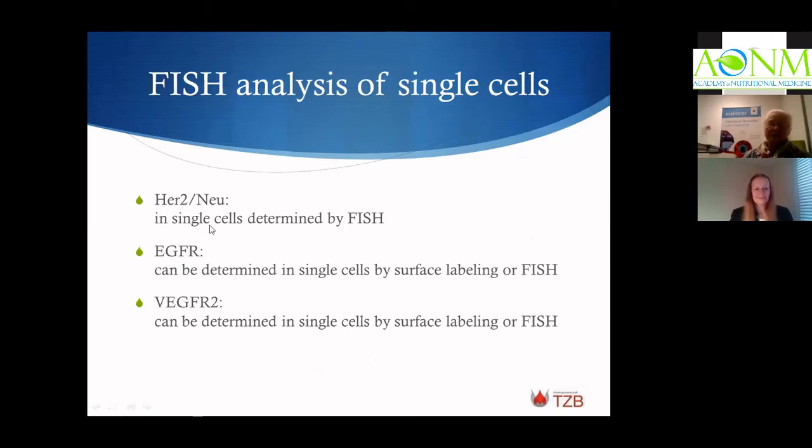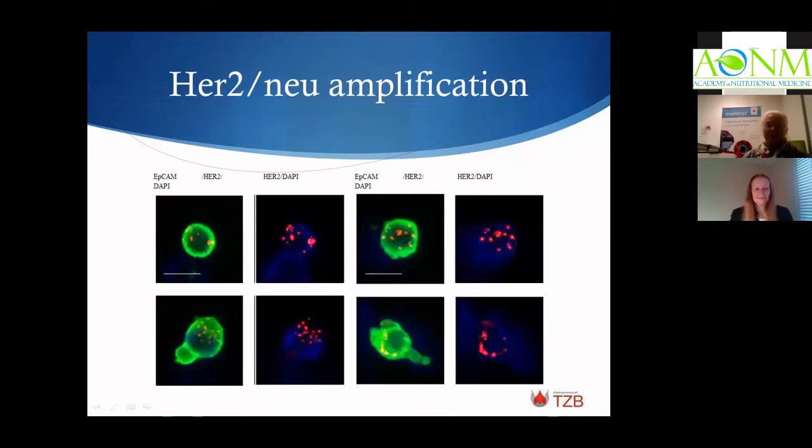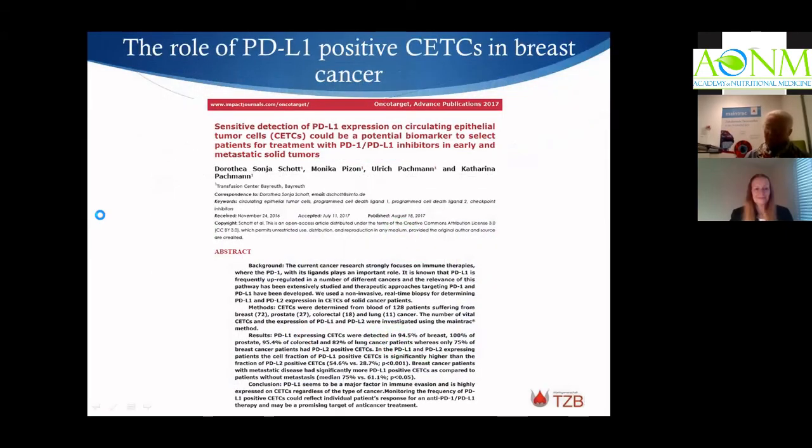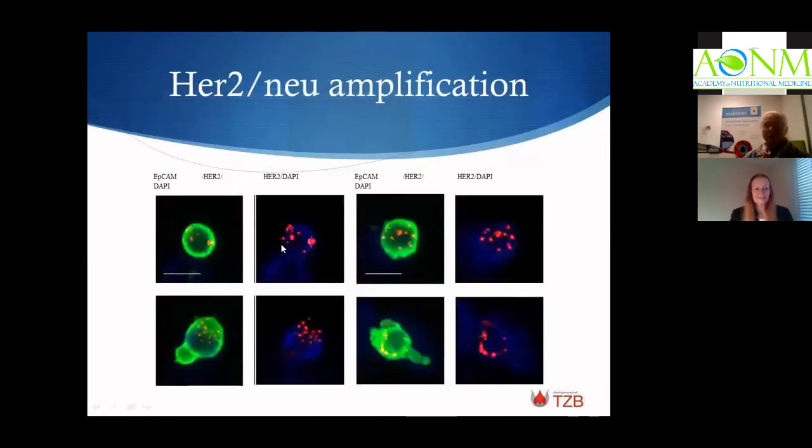The presence of these receptors is frequently determined by FISH analysis, and I'll show examples of this immediately. So this is an EpCAM positive cell, and it should have only 2 signals of HER2 because it has the signal from the father and from the mother, but this cell shows a lot of signals, as this does.